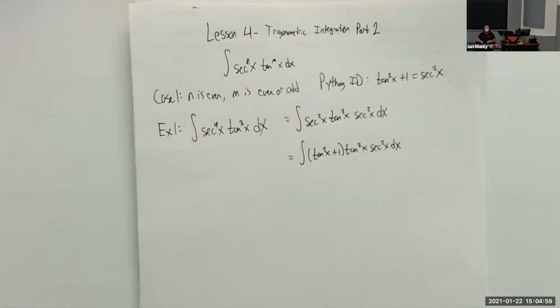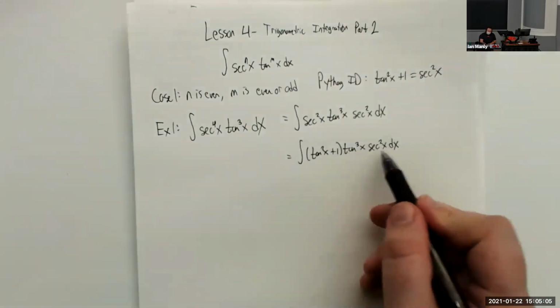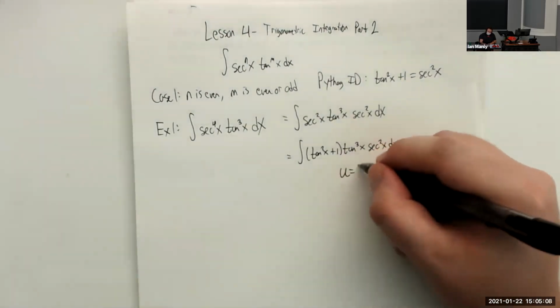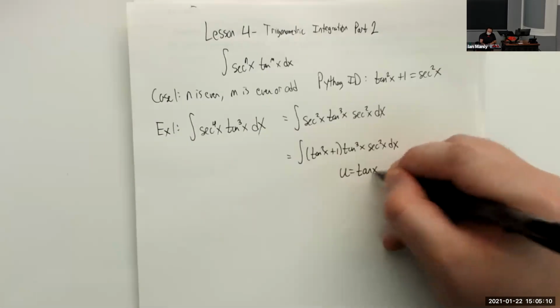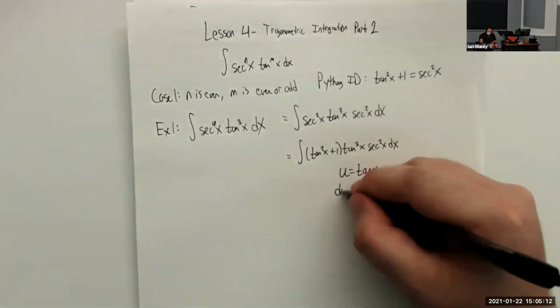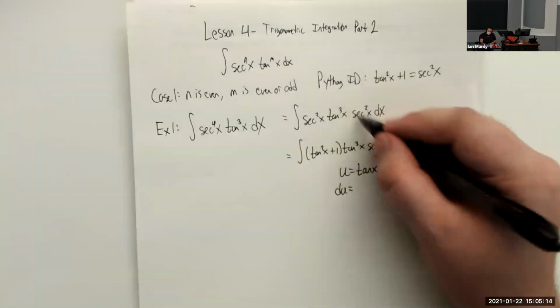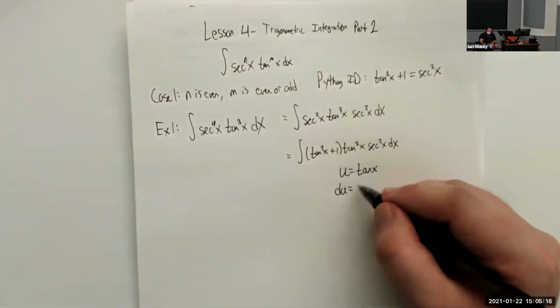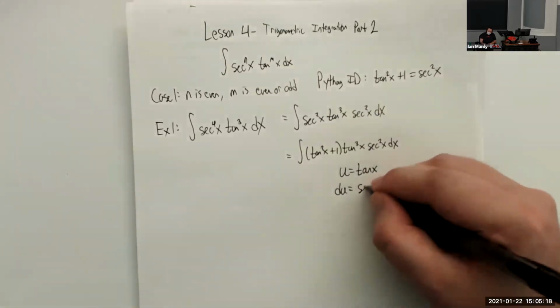Actually, let me ask you guys, what do you think we're going to do next now? U substitution, that's right. Once all of the secants are gone, except for these, we're going to do a u sub, and our u will be none other than tangent. And then our motivation for doing this is revealed when we take the derivative of our u.